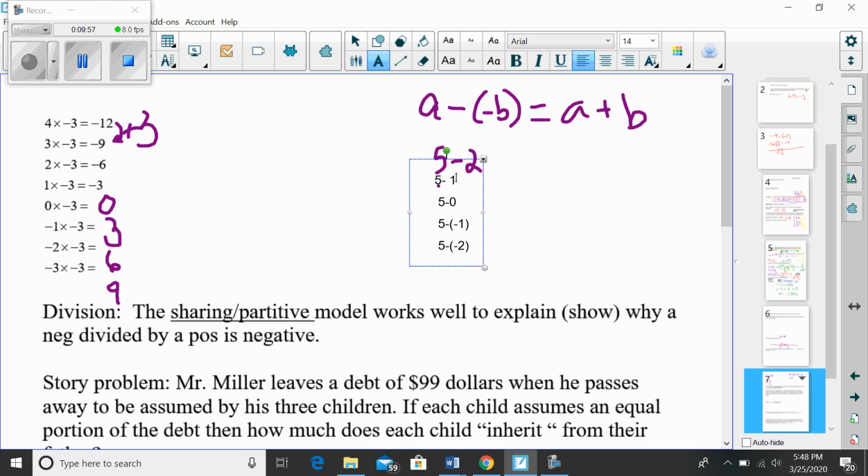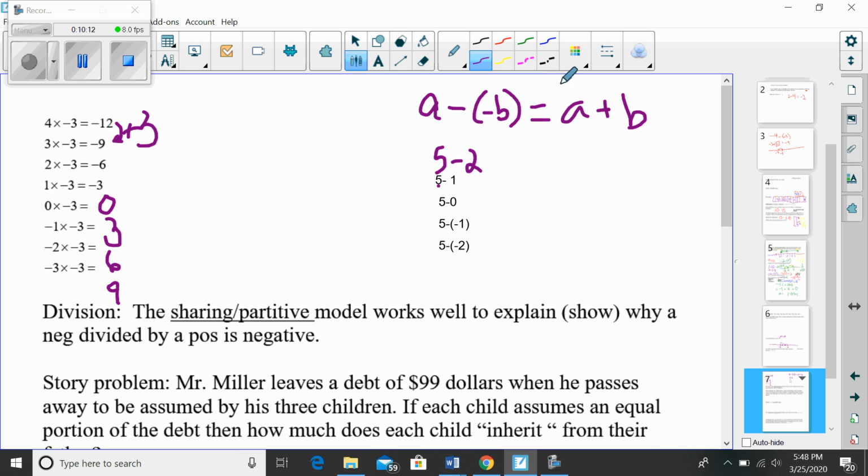Okay, so again, I am decreasing the subtrahend by 1. Okay, the 5 stays consistent. And what's happening over here then when I find these answers is that this answer here is 3, right?